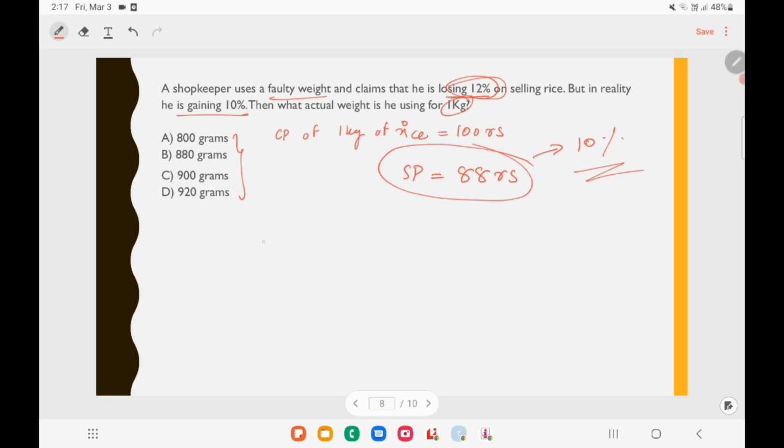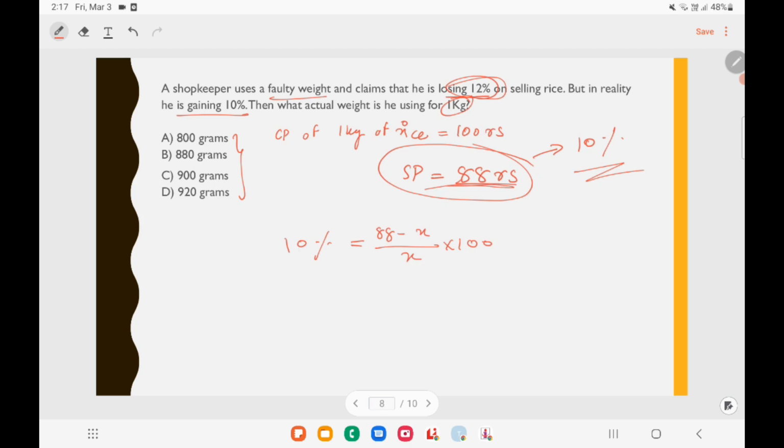Here profit percentage is equal to profit divided by cost price into 100, and profit is selling price minus cost price. So this is selling price minus cost price into 100. Let's see, if he is gaining a profit of 10% and his selling price is 88, what should have been his cost price?